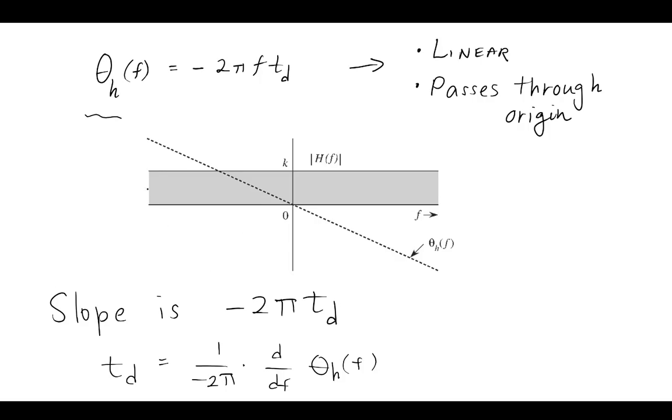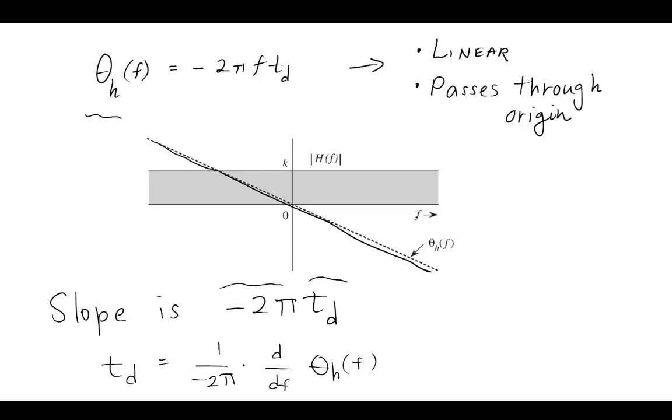If we take the derivative of our phase response, we find the slope of the line that describes the phase response as minus 2 pi t_d. And of course, these are constant, and so is the time delay.